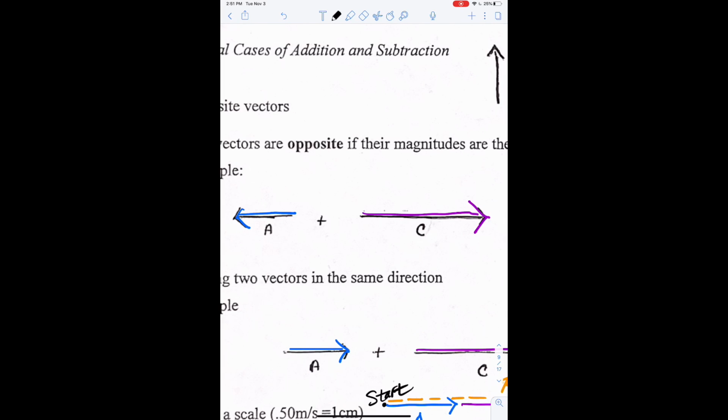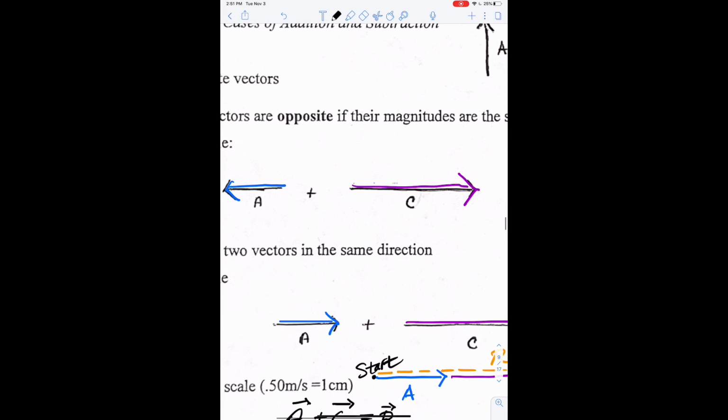Well, let's again pick up A and move it so it's head to tail with C. I'm going to redraw it just because I think it might be easier to see. All right, so I'm going to pick up vector A and place it head to tail. And when I do that, it's going to be right there.